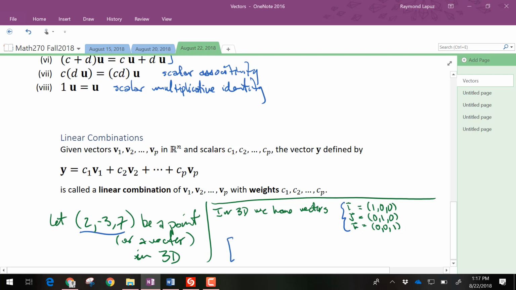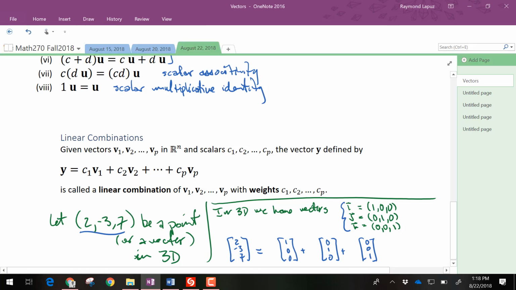I'm going to switch notations on you because I want you to feel comfortable switching notations. The 2, -3, 7 vector, which I'll now write as a column vector, can be written as some number times the i vector plus another number times the j vector plus another number times the k vector.